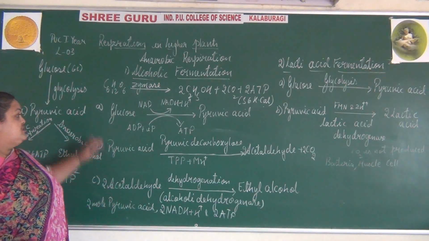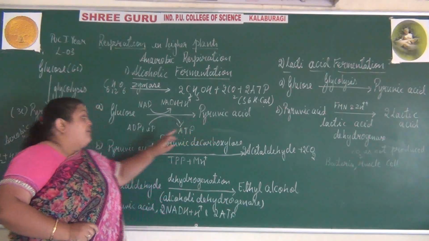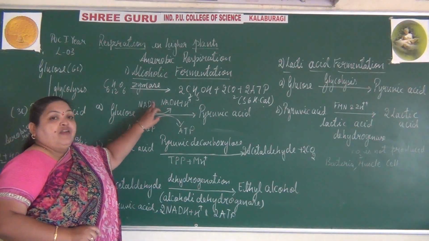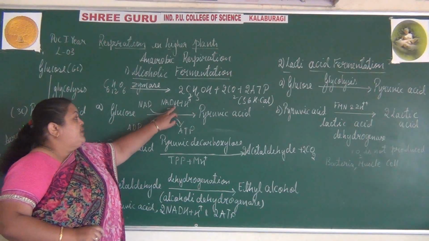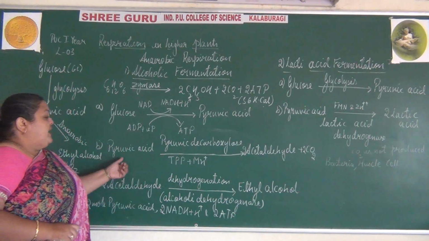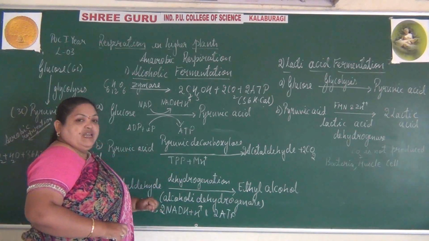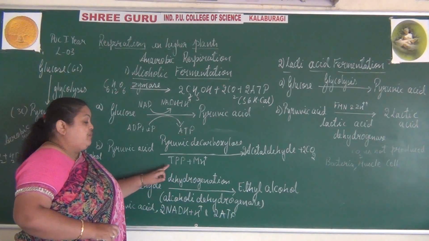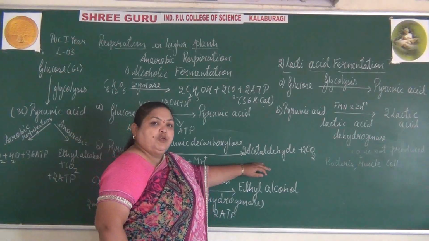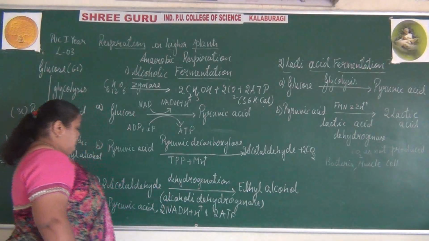What is the stepwise process? Here the glucose is converted into pyruvic acid by the process of glycolysis, with the reduction of NAD to NADH2 and the synthesis of ATP molecules. Pyruvic acid in the presence of pyruvic decarboxylase forms acetaldehyde with the release of carbon dioxide.